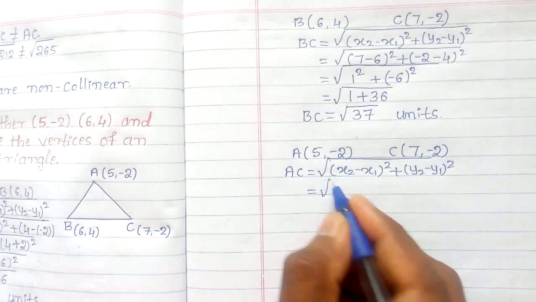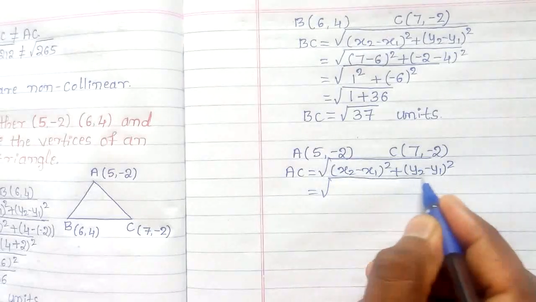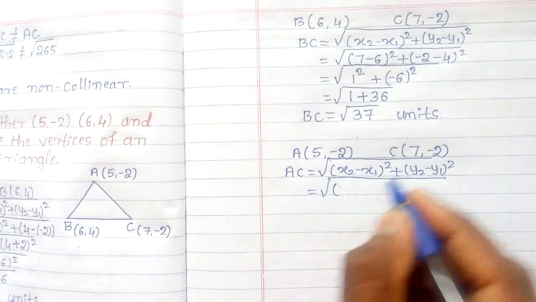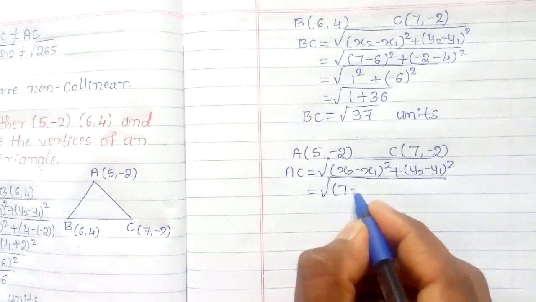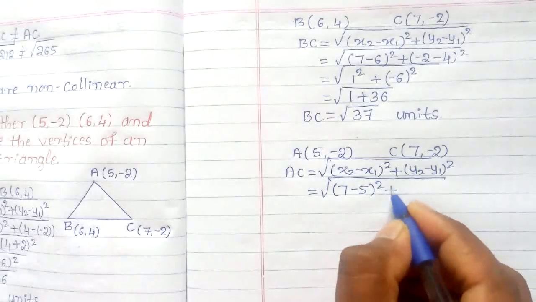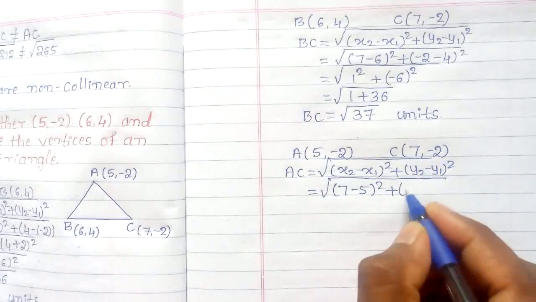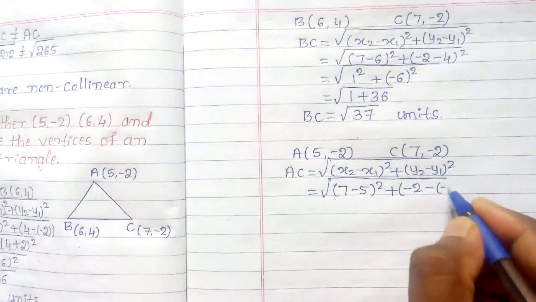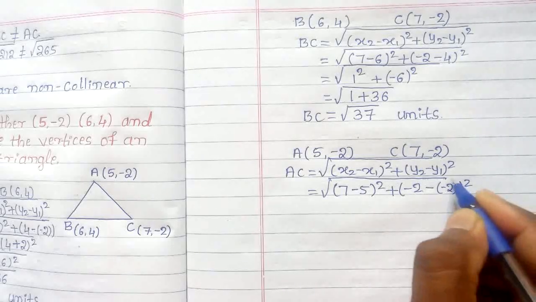Now x2 is 7 minus x1 is 5, 7 minus 5 whole square plus y2 is minus 2 minus y1 is minus 2 whole square.